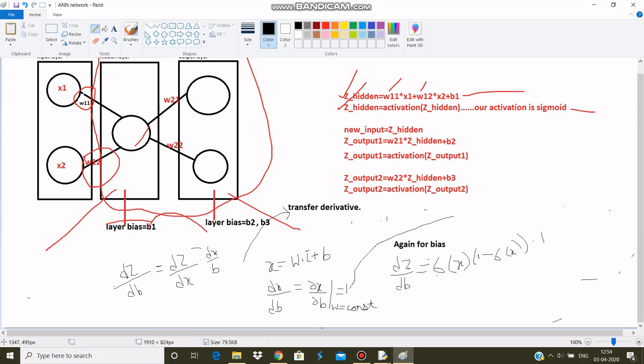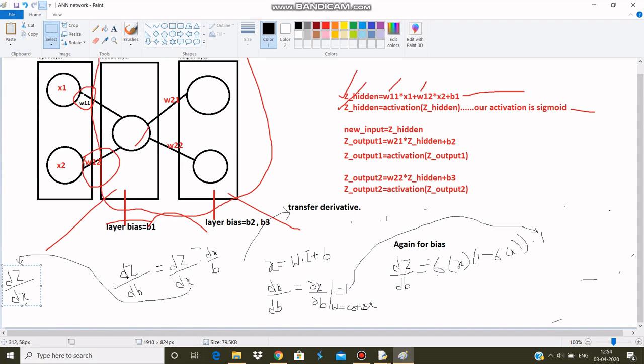Now this one will be brought here. This is where we get the 1 from, and definitely sigma x into 1 minus sigma x, as we have done earlier. I'll write it down still. dz by dx, as we have done in the last video, will give us sigma x into 1 minus sigma x.